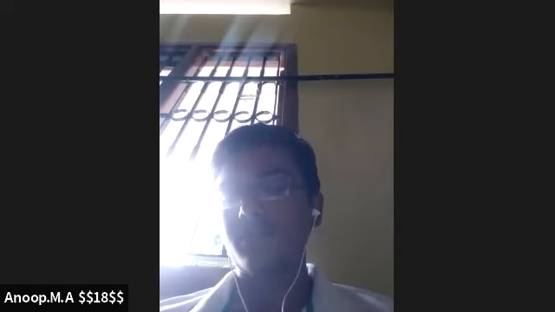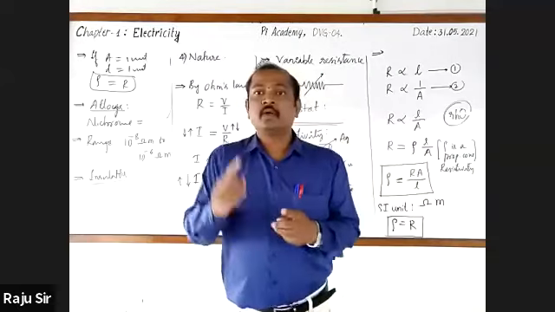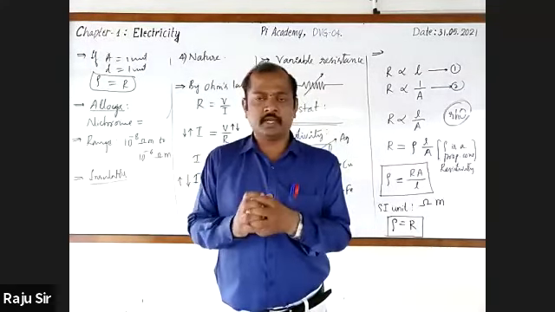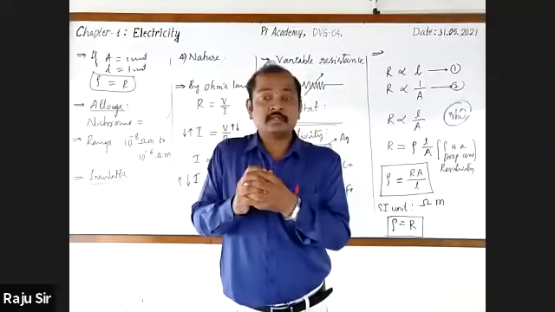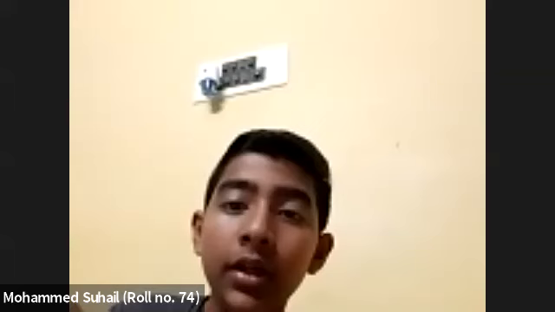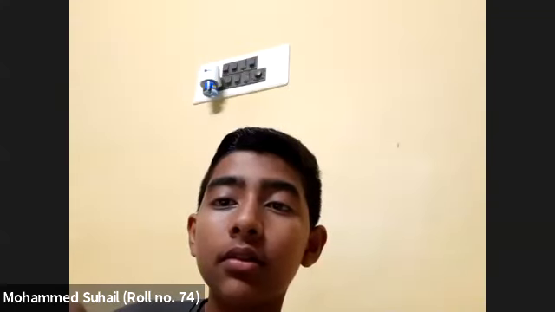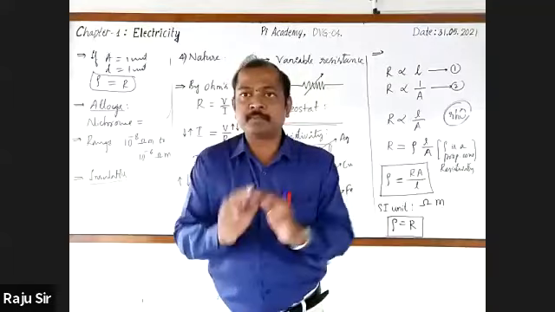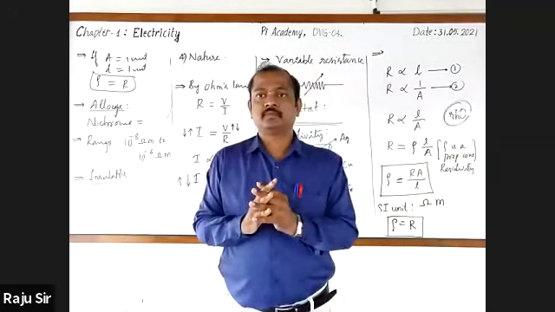Dear students, just one simple question will be asked to you. What will happen to the electric current as the resistivity increases? Does current increase or decrease? Decreases, sir. My question is very simple.